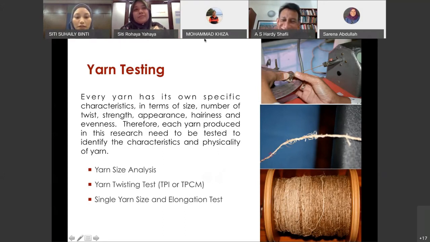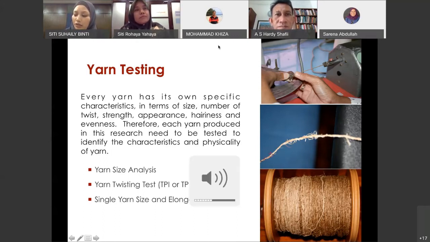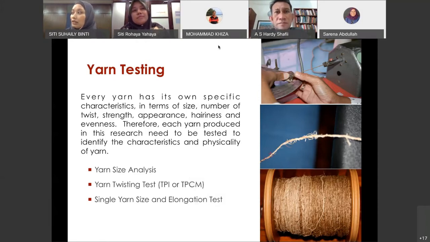I want to add a little bit about the question from Dr. Hadi. When we go for the health issue, maybe what Dr. Hadi wants to say is that when you put chemicals in the fabric or yarns or everything, we need to control the quality of the chemical, because in the end the product will be used by the consumer.